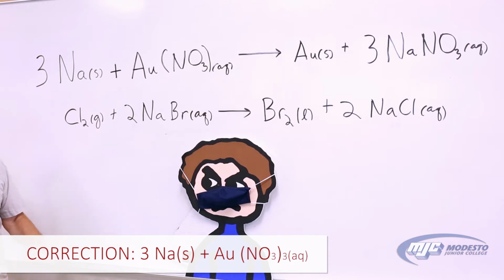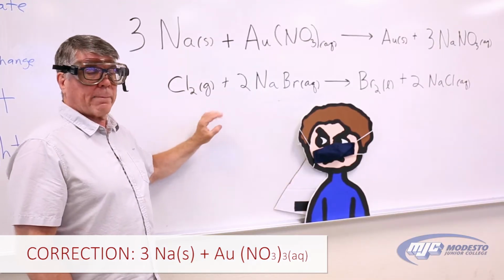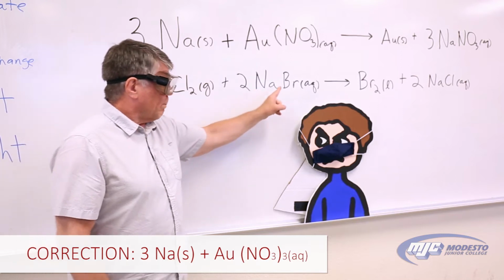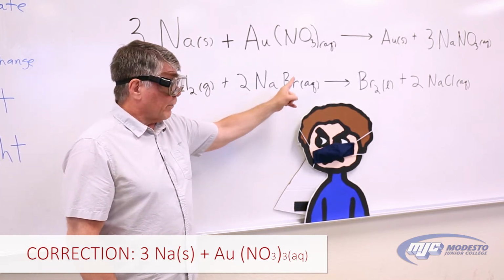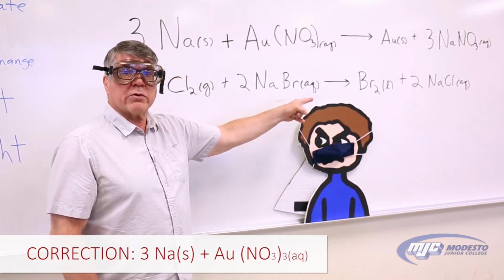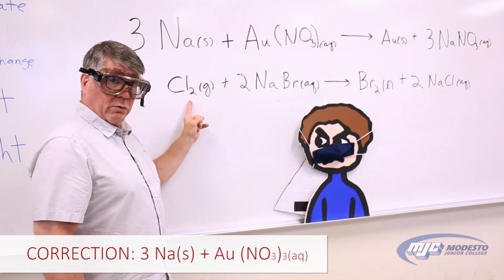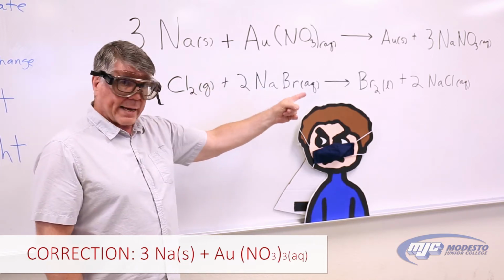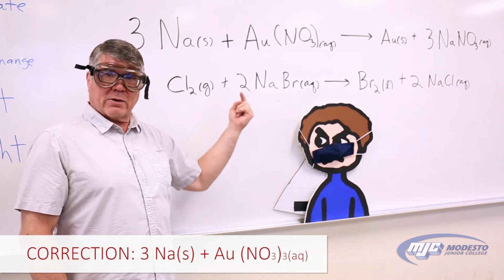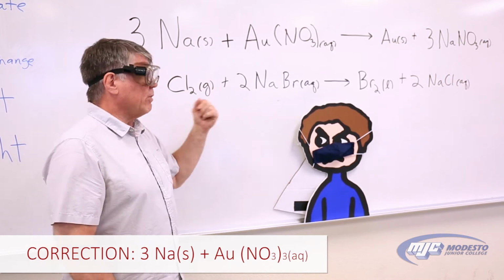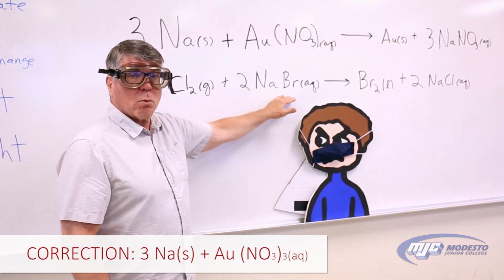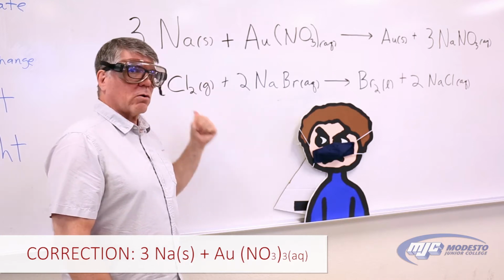It's elemental form. So if this reaction were to happen, we would know that bromide goes from a -1 here to a 0 over there. It's releasing electrons. Chlorine goes from a 0 here to a -1 over there. It's gaining electrons. So that would mean that if this reaction occurs, that bromine is more active than chlorine.